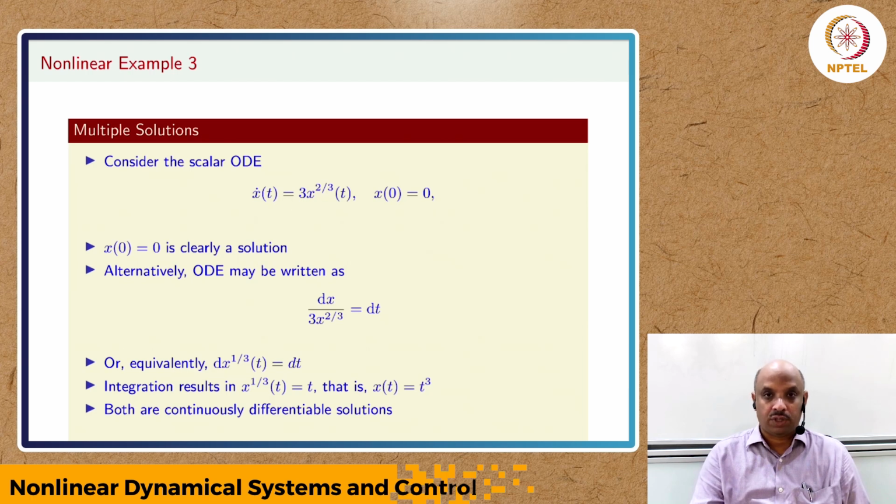And certainly when we put feedback control in the picture, if the overall ODE with the control input ends up having multiple solutions, then again that does not make any sense for the physical world. So these are the things to avoid.